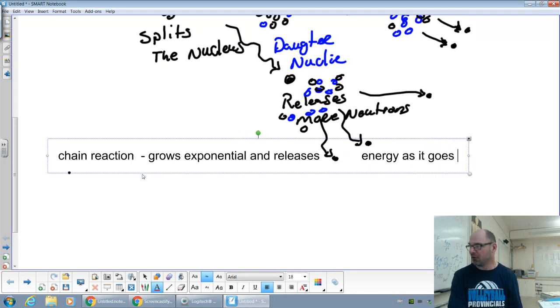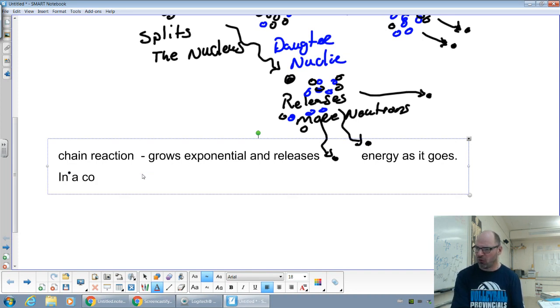What happens in a nuclear reactor is they have control rods in there to absorb fast-moving neutrons so that we don't have a meltdown. They can control the rate of the reaction by absorbing these neutrons that are released in the reaction. Then they keep the speed down, and they produce this energy that is used to drive turbines or whatever.